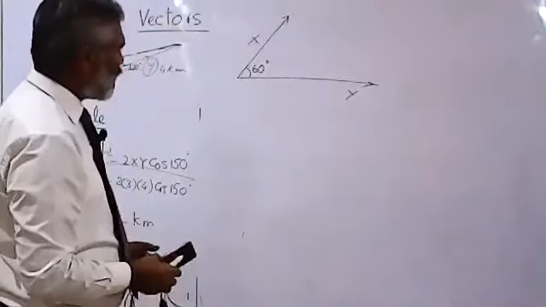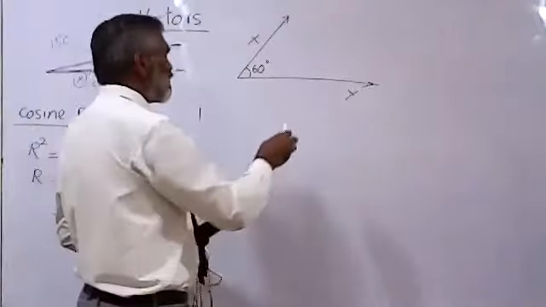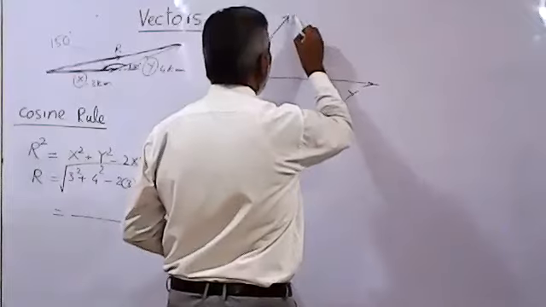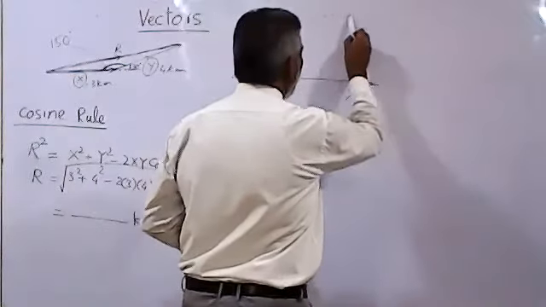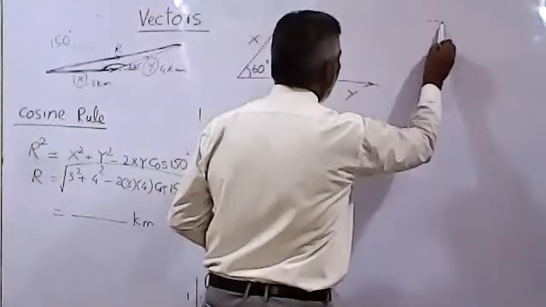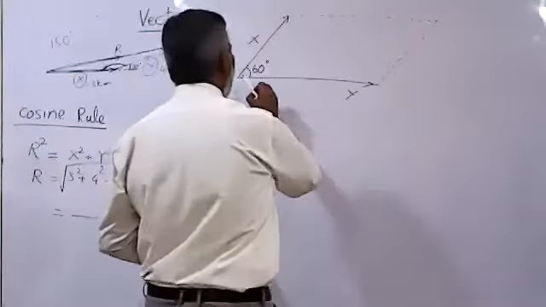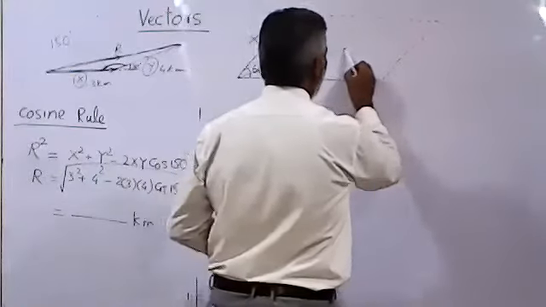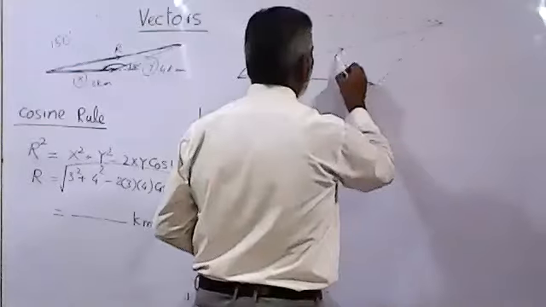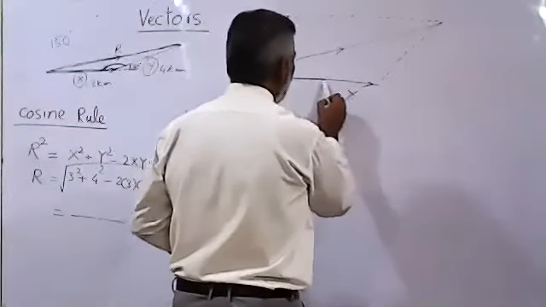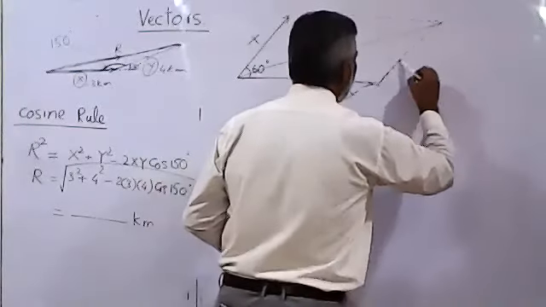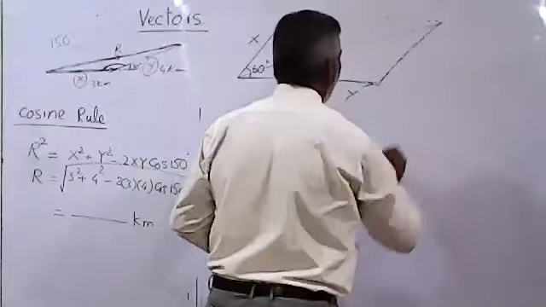Using the cosine rule, it will be very easy, because look at what the cosine rule means. You complete this parallelogram, and this is the resultant of these two, because this is one vector and this is the other vector.